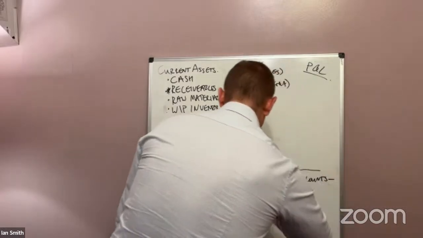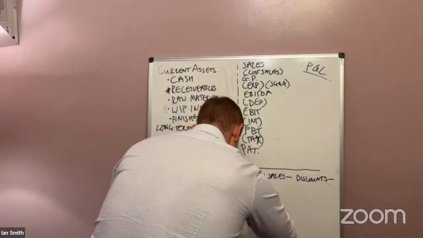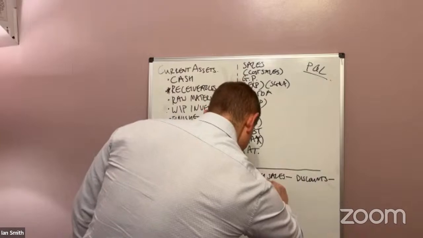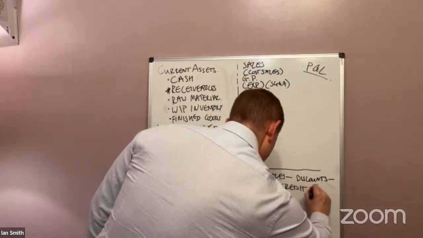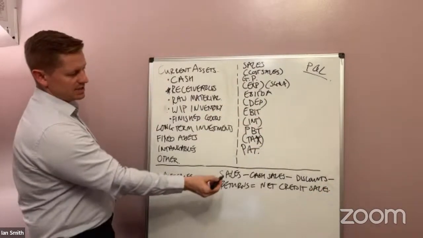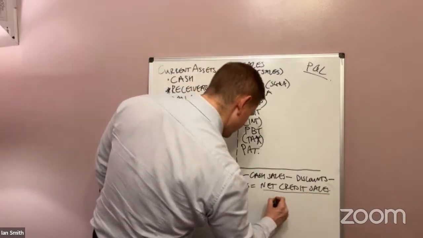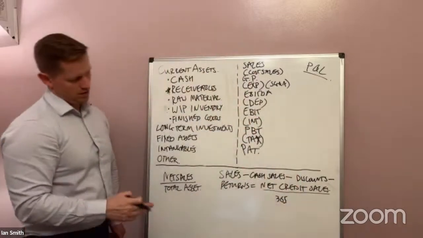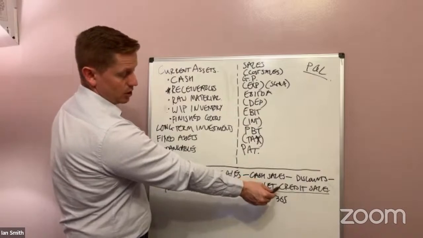Discounts minus returns, and that equals the net credit sales. Now we need to take the net credit sales and divide that by 365. Then that determines how much sales are issued per day on credit.